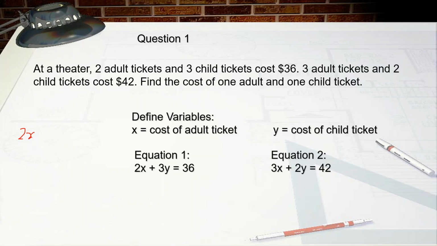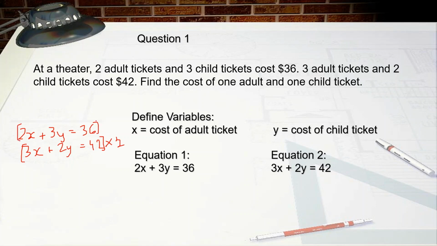So 2x plus 3y is equal to 36, and 3x plus 2y is equal to 42. As you can see, there is no common number between these two equations. Multiply this equation by 2 and this one by 3.